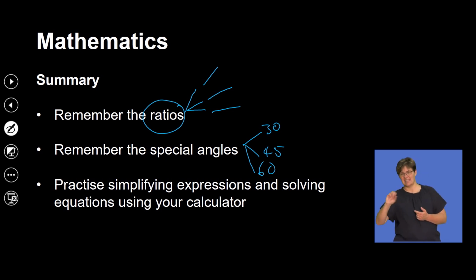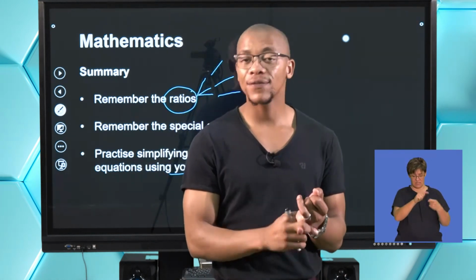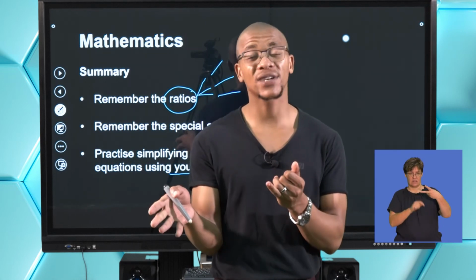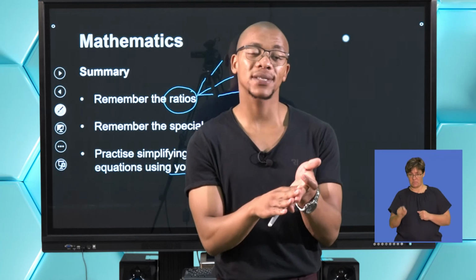Remember the 0 and the 90, I said we're just including them because when you start talking about a Cartesian plane, you will see where they come in handy. Also, practice simplifying expressions and solving equations using your calculator. So in simple terms, practice those steps that I gave you. I think it was 3 steps. You press the second function or shift with whatever ratio you want to talk about, enter the given ratio, and then press the equal sign. It will then give you the angle there.